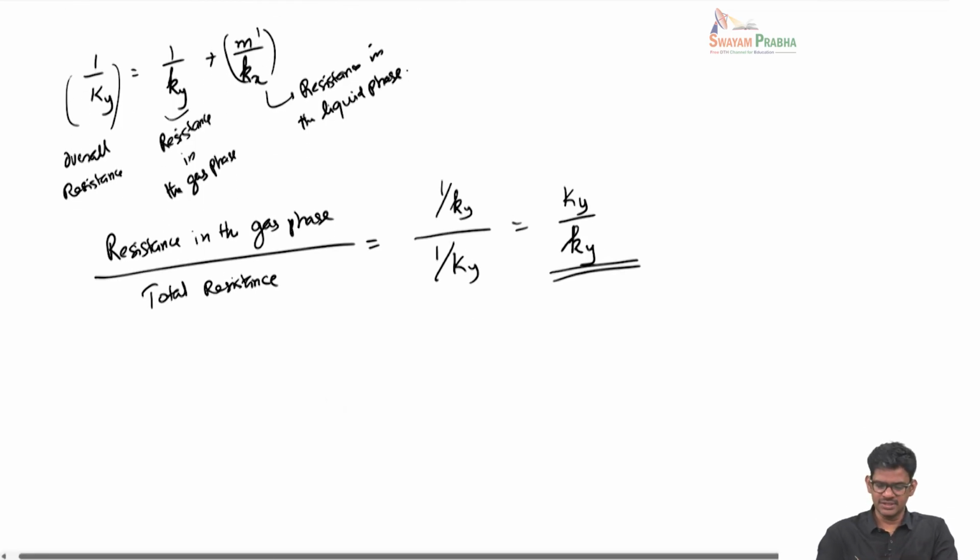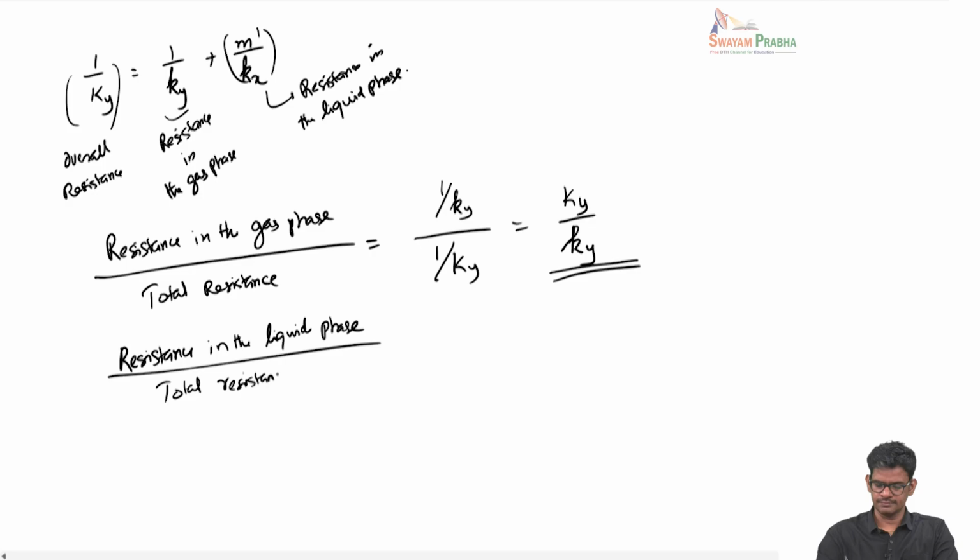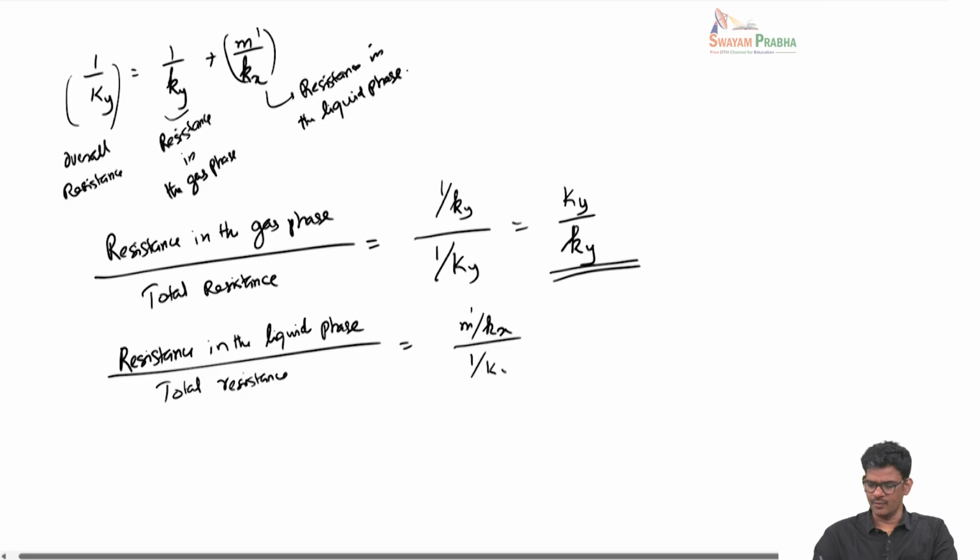Similarly, if you want to know what is the resistance in the liquid phase over the total resistance, this would be m prime by kx divided by 1 by Ky, or in other words m prime Ky by kx.